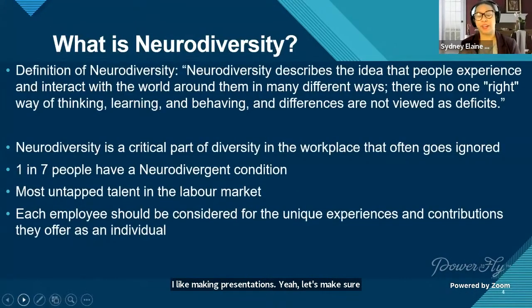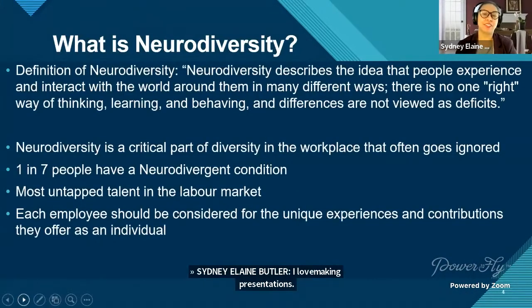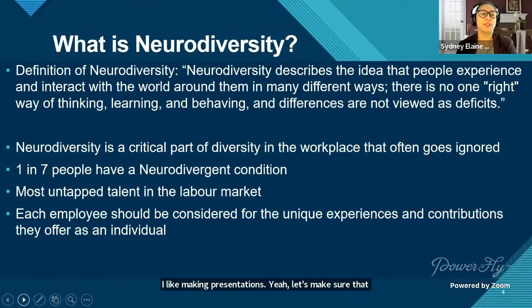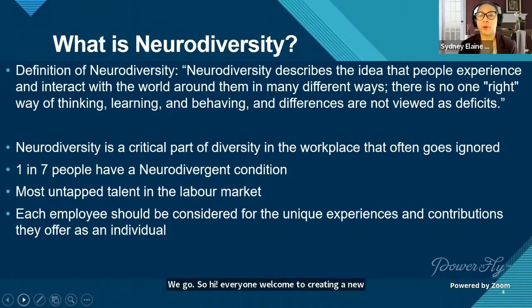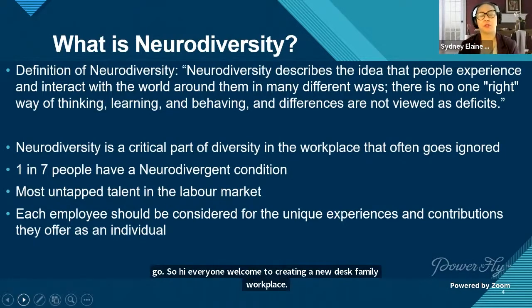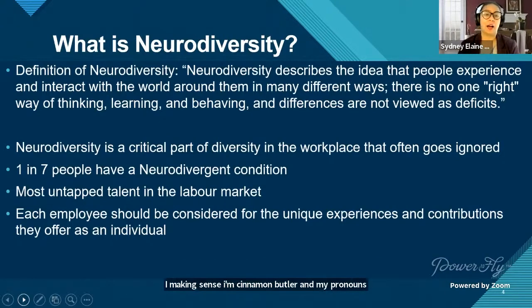So what is neurodiversity? I already said my definition, but there are some other parts. Neurodiversity is a critical part of diversity that often goes ignored in the workplace, but now it's more important to focus on neurodiversity in the workplace, and there's still so much work that needs to be done, even with regards to accessibility. So 1 in 7 people have a neurodivergent condition.